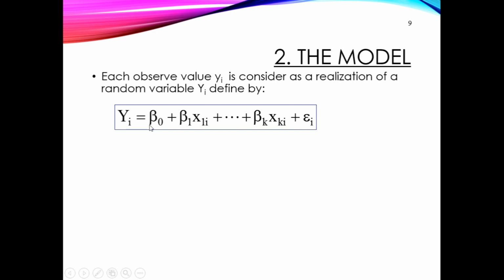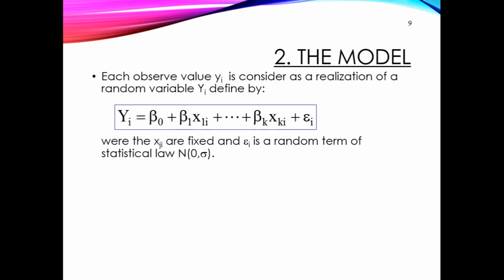The term that we have here is called the error term, which is supposed to be independent and random and to follow a normal law with standard deviation sigma. That is one of the hypotheses of multilinear regression.